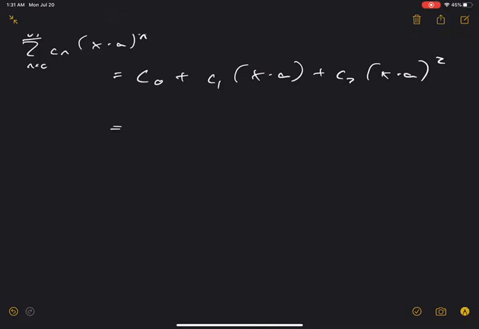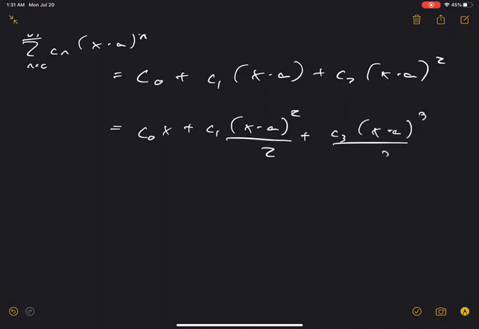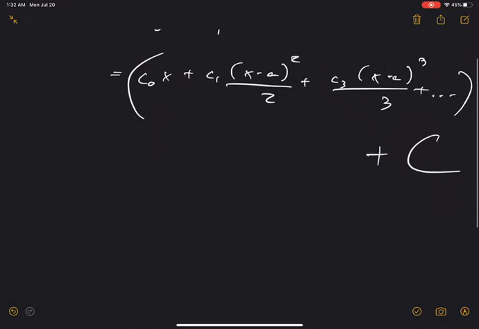Well, if I integrate term by term, I'll get c0 times x, and then c1 (x minus a) to the power 2 over 2 plus c2 (x minus a) to the power 3 over 3. Now I would have a bunch of terms, and then I would have this constant of integration at the end, plus some constant of integration.